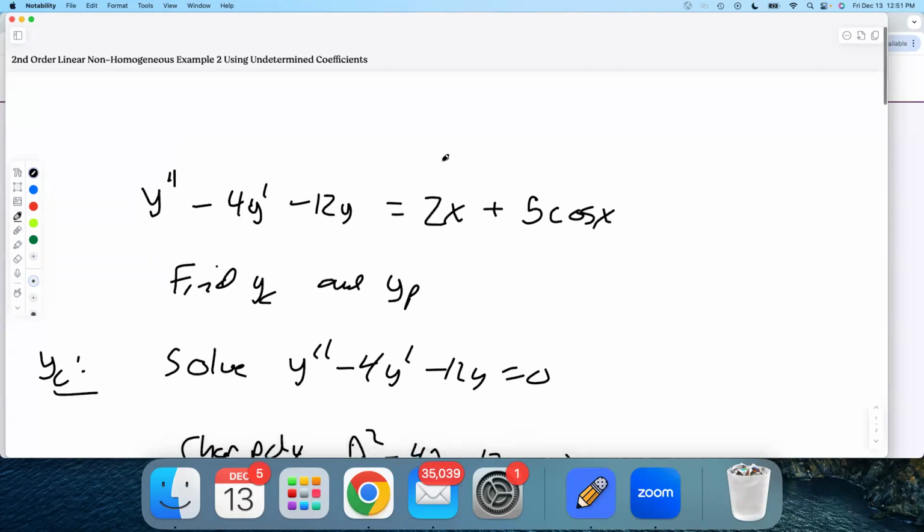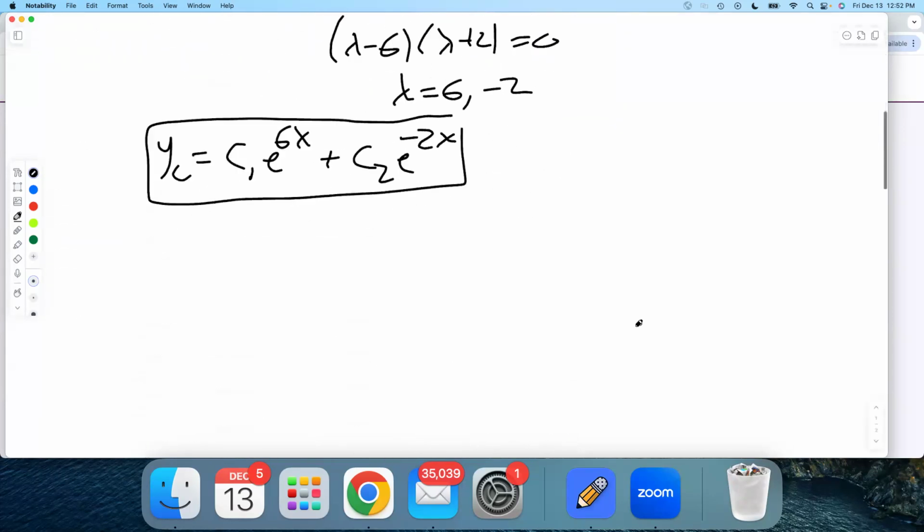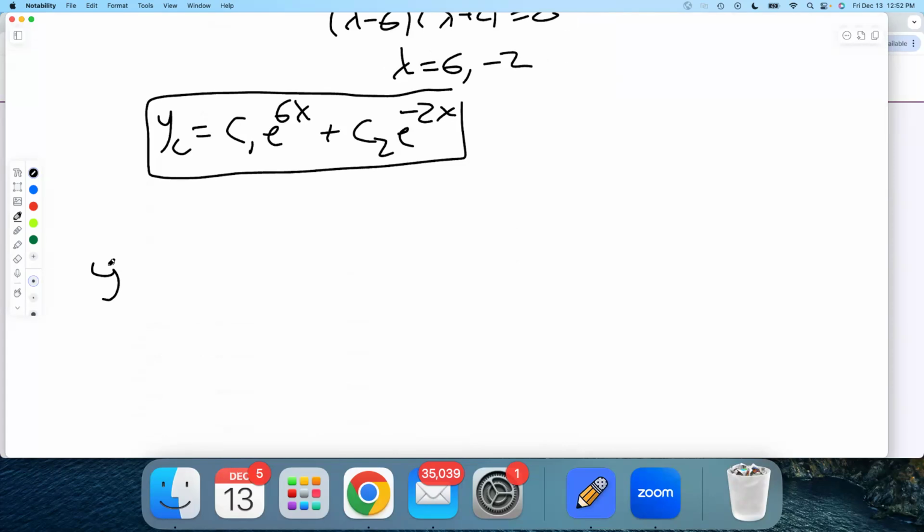So let's call this guy here G1 and this guy G2. Okay, so for G1, and that's a function of x, let's try a particular solution.